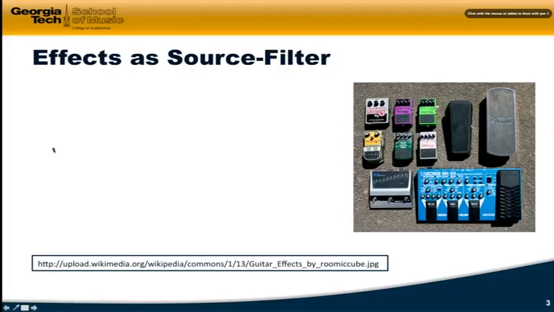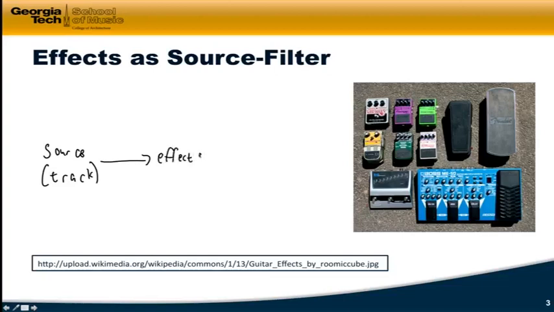So what we have essentially is some audio source. In this case, this would be our track, the audio coming from the track. And then that is going into our effect, which is transforming it somehow. And then that is creating the output that we actually hear or that gets routed to another effect.